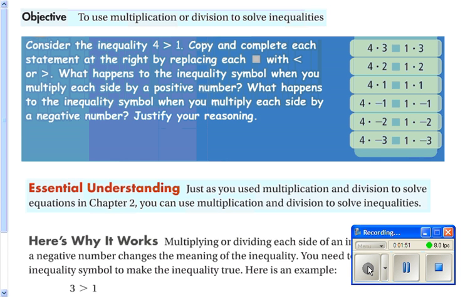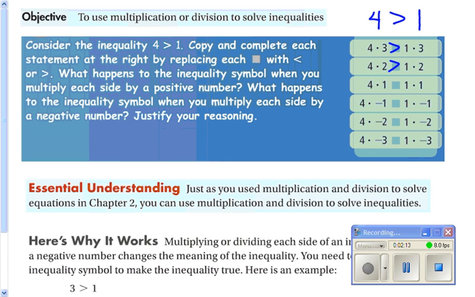Okay. Remember we started with 4 is greater than 1. If we multiply both sides by 3, then we get 12 and 3, so we still have greater than. If we multiply both sides by 2, we get greater than. 8 is greater than 2.